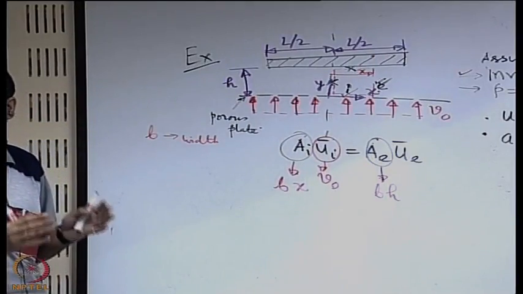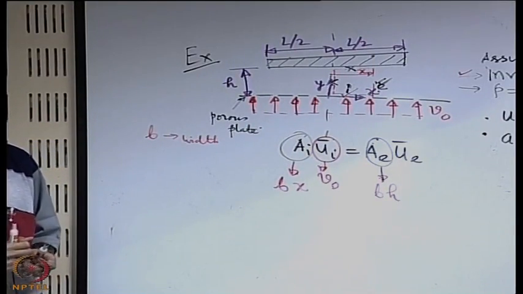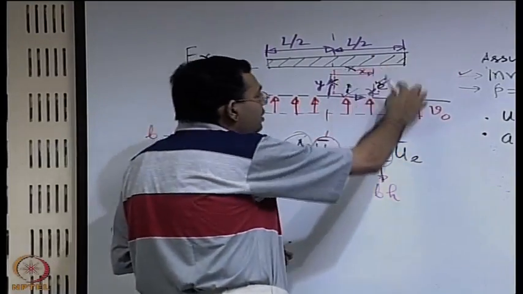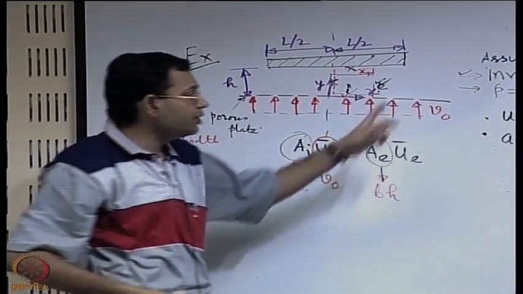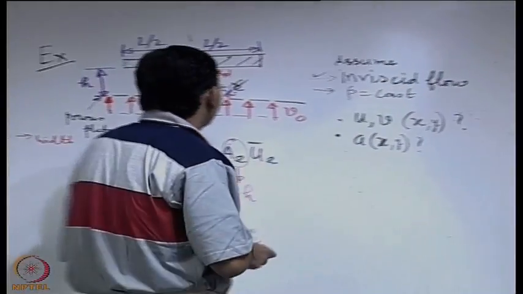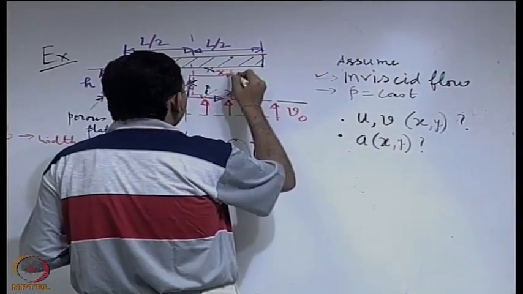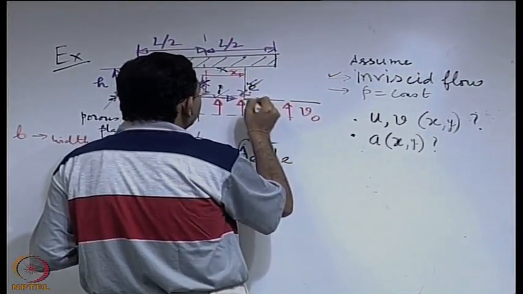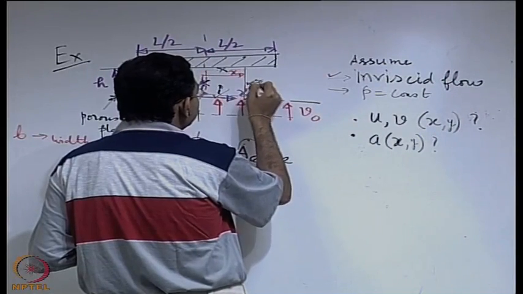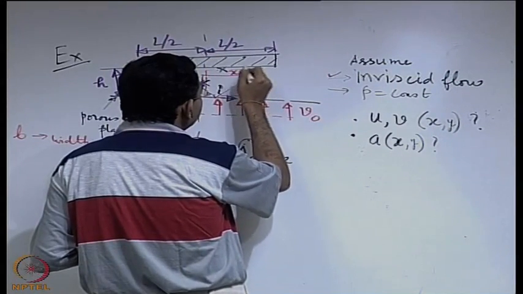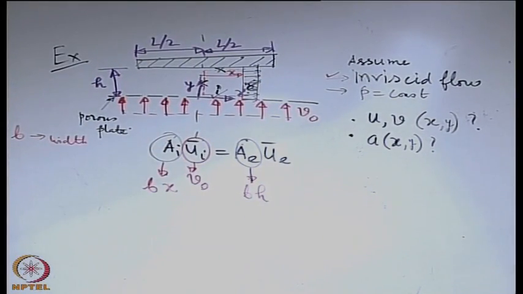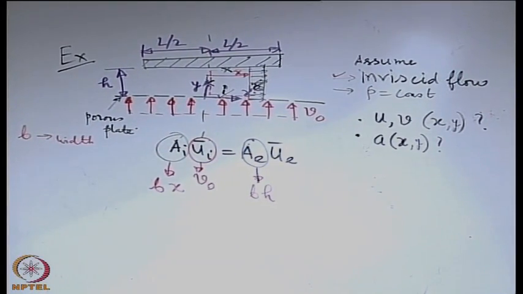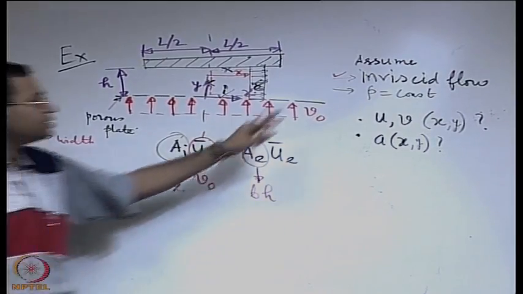If you do not consider inviscid flow, then you have to know the velocity profile in between, and integrate that to get the average velocity. But when you are given that it is inviscid flow, your inherent assumption is that it is a uniform velocity profile like this. So u is not changing with y, it is locally changing with x, but along y it is uniform because it is inviscid.